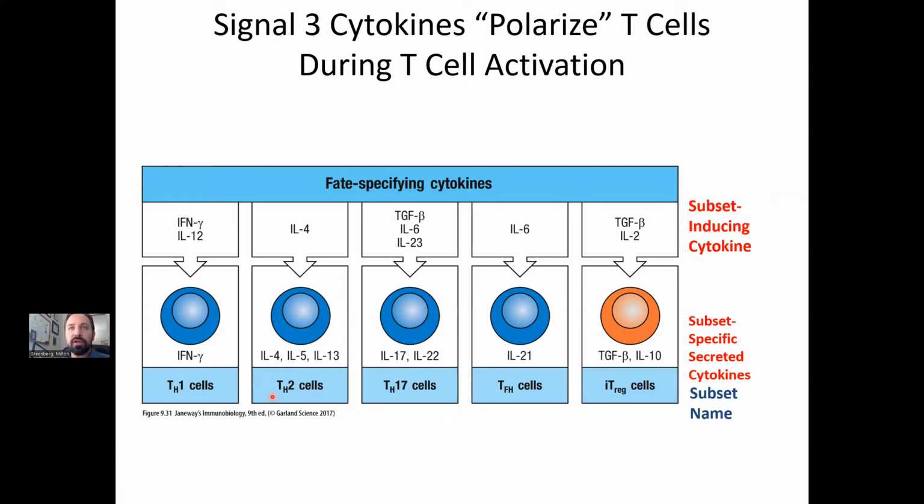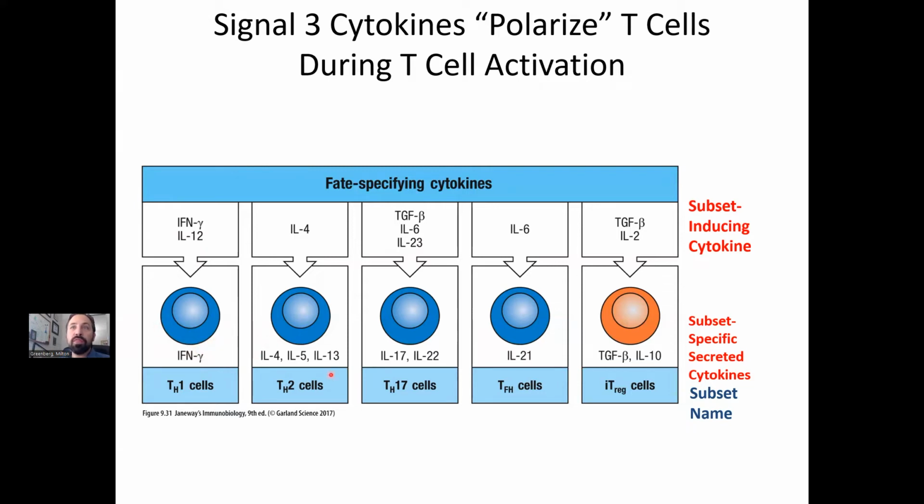But another way is that they secrete these different fate-specifying cytokines. All of these are going to be made by that dendritic cell. And what they're going to do is tell the T cell, hey, this is what we're dealing with. We're dealing with intracellular bacteria, so you need to start making a lot of interferon in order to go out and help turbocharge our macrophages to kill those intracellular bacteria.